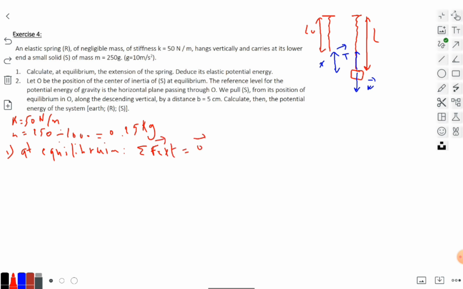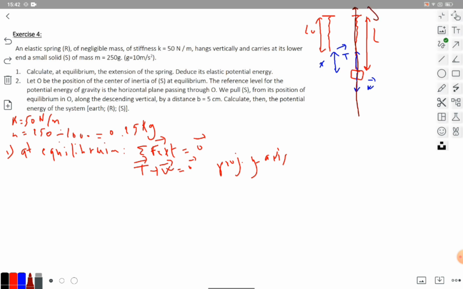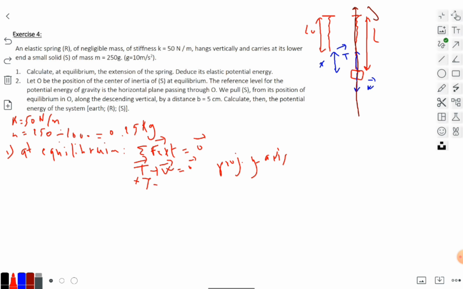We have tension plus weight equal to 0. Projection along y-axis, vertically upward. So tension is plus T and weight minus W equal to 0.